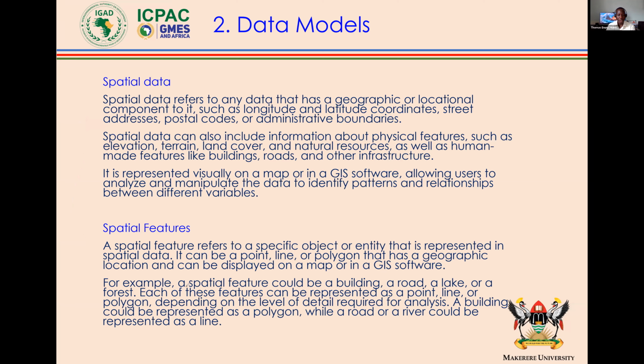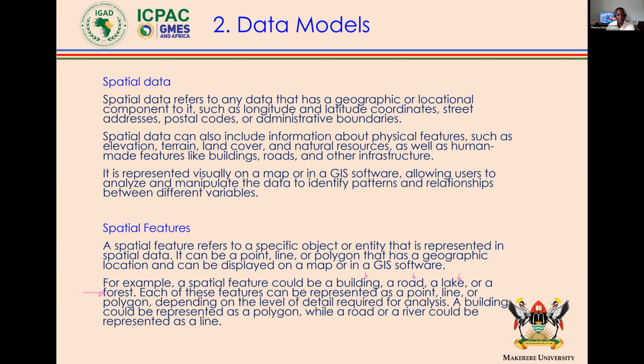Furthermore, examples of spatial features also include buildings, just like I mentioned, as the spatial objects, or rather the spatial data. It also includes the road itself. It could also be a lake, and it could also be a forest. So all that is explained here as examples are spatial features.